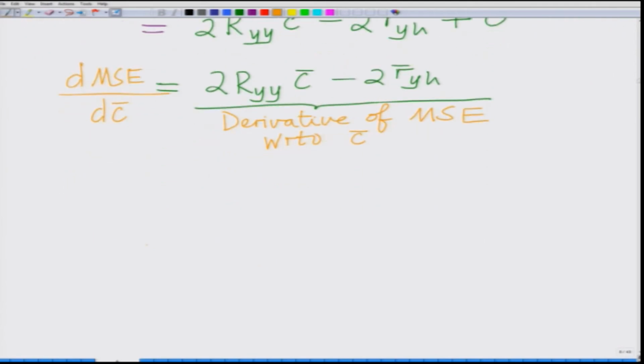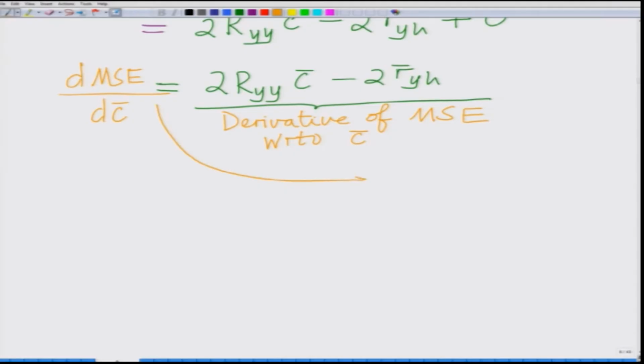Now, remember, to find the optimal c bar, I have to equate this derivative to 0. So, set this derivative to 0 to find that c bar which minimizes the MSE, that will give us the MMSE, the minimum mean squared error.